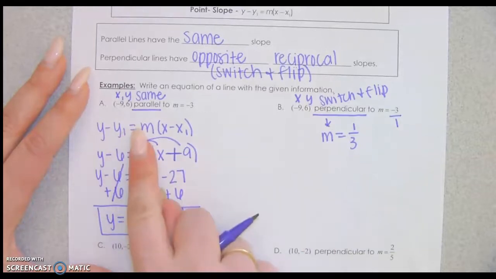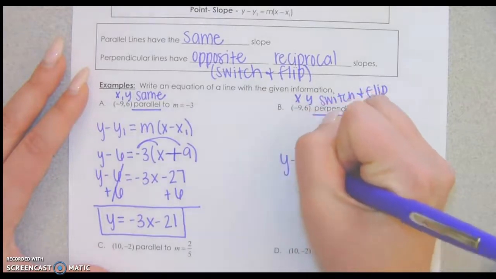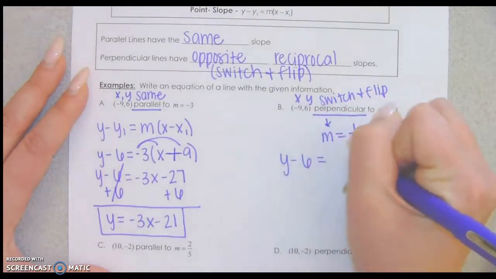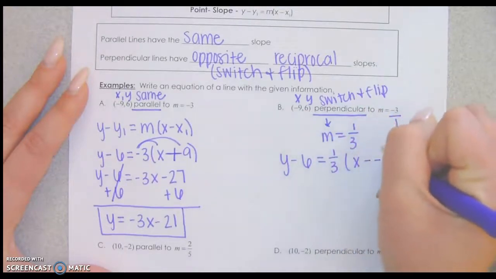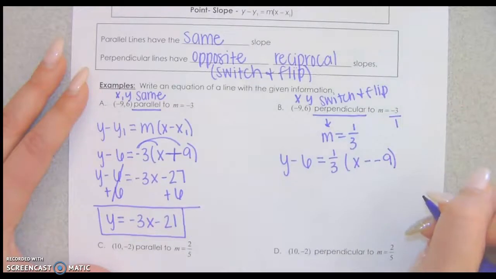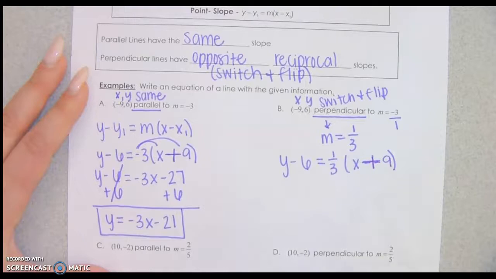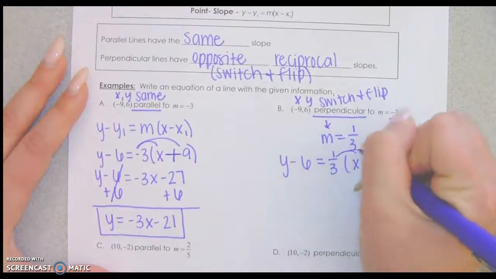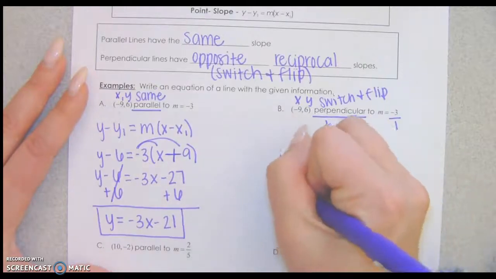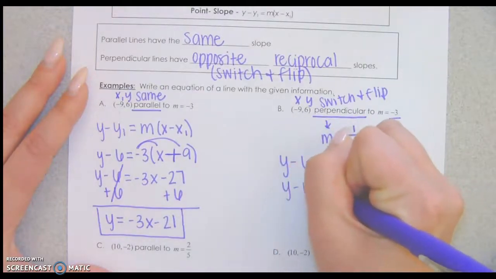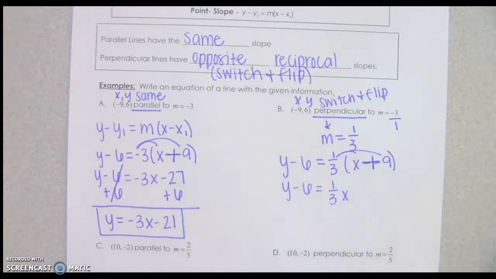Now I can use my point slope formula to find my equation. So I have y minus 6 equals, my new m is 1/3 times x minus negative 9. Again, my two negatives become positive, and I'm going to distribute 1/3 to what's inside the parentheses. So I have y minus 6 equals 1/3 times x is 1/3 x.